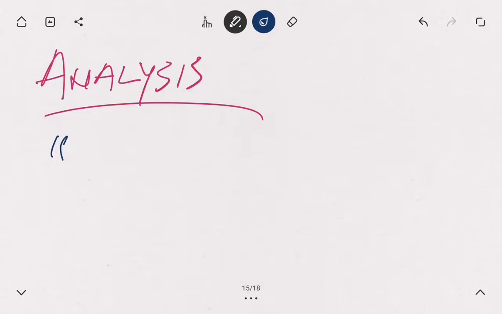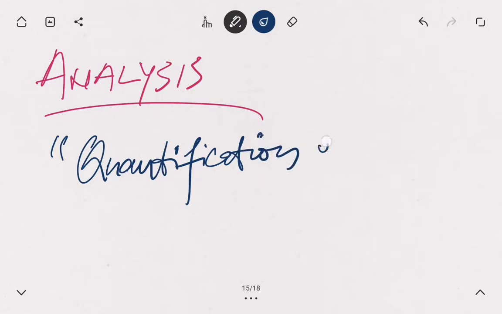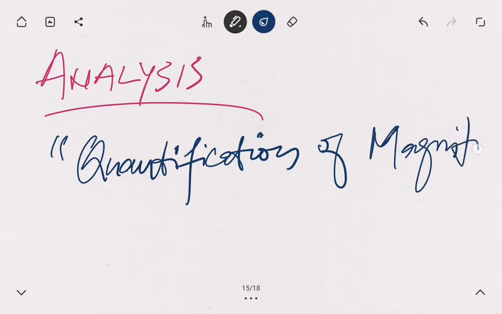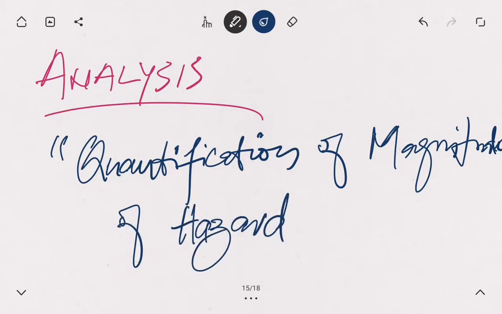It is basically quantification of the magnitude of hazard, or you can say hazardous event. So we find out how big or how small that hazard is, and what the impact from that hazard could be. That is called analysis.